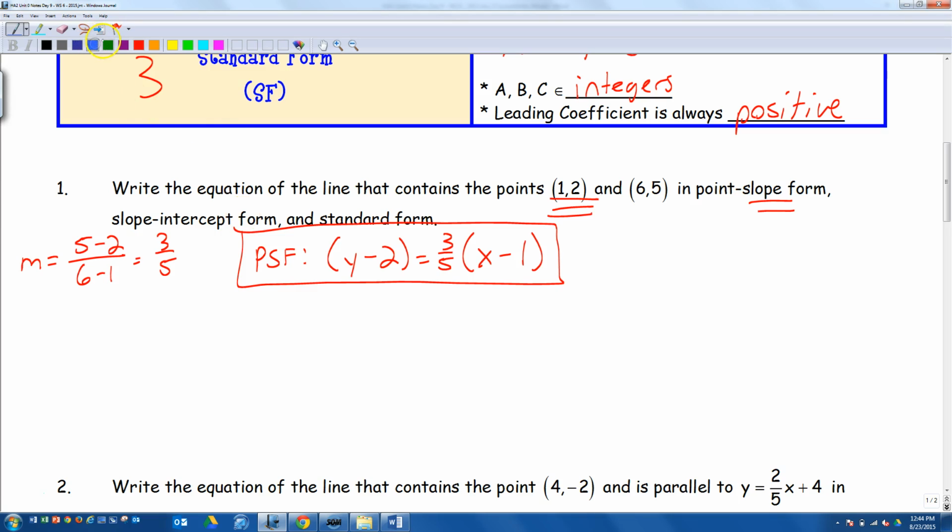Now we can go from point slope form and start working to slope intercept form. To do that, you solve for y. So I have y minus 2 is equal to, I'm distributing, 3/5 x minus 3/5. If I add 2 to the other side, I get y is equal to 3/5 x plus 7/5. And sure enough, this is now in slope-intercept form.